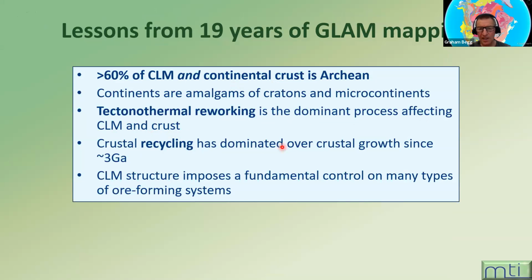And crustal recycling has dominated over crustal growth since about 3 Ga. In other words, we've had about the same amount of continent since 3 Ga. We've just been reworking it and recycling a lot of younger crust. And as we saw, the lithospheric mantle imparts a fundamental control on ore systems.